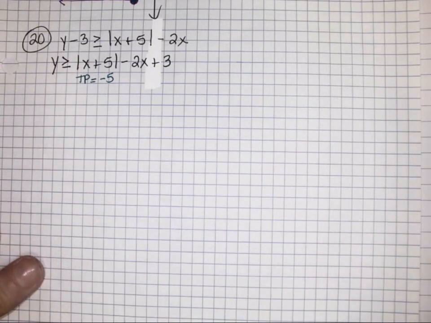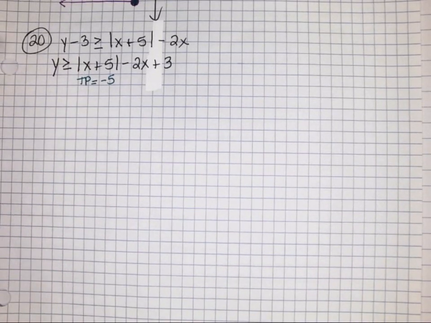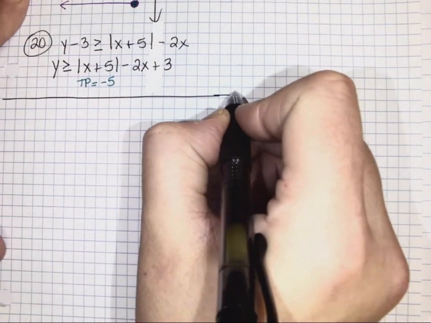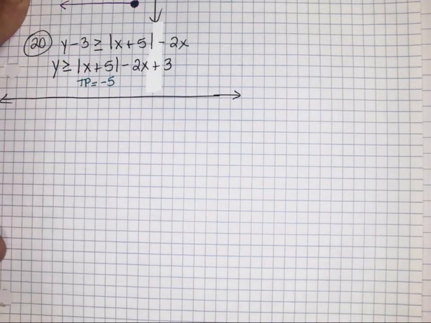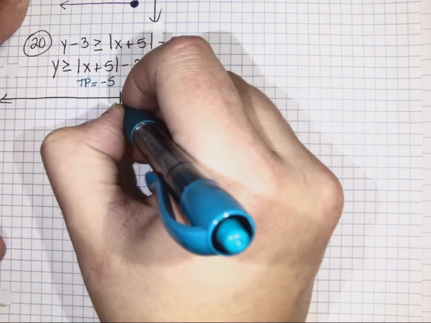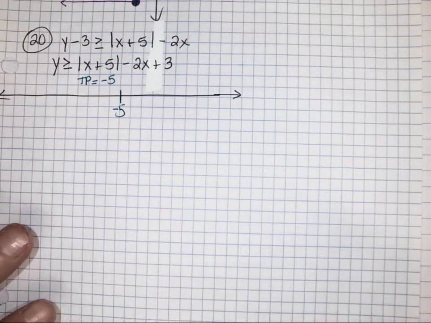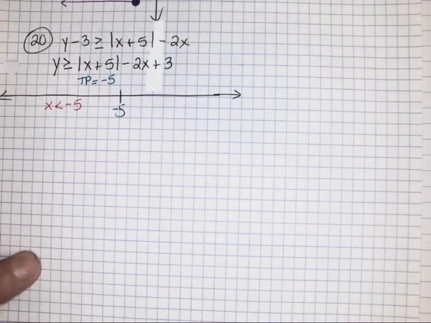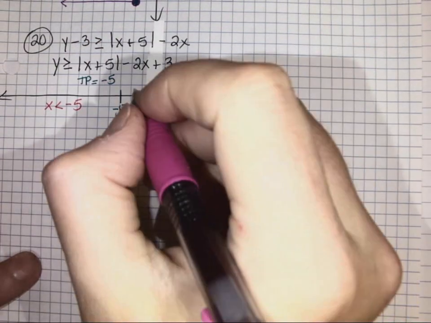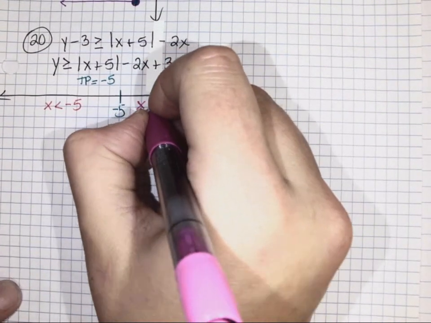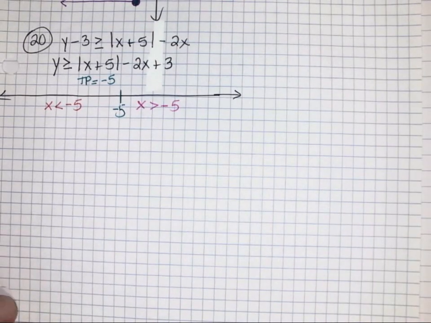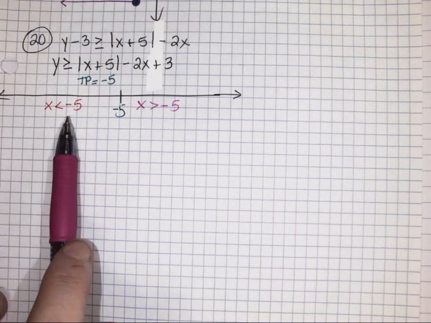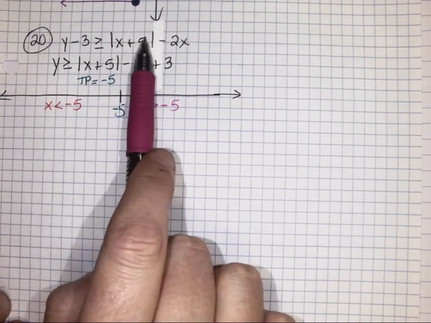All right. To figure out how to do that, you've got your turning point in the middle, -5, and we're going to see what happens when x is less than -5 and what happens when x is greater than -5. When I plug in numbers less than -5 into this, you get negative.